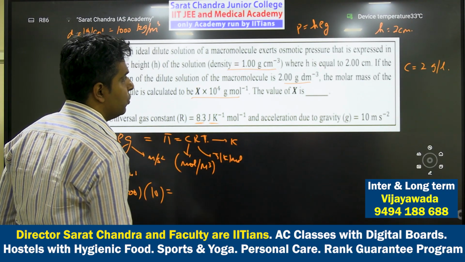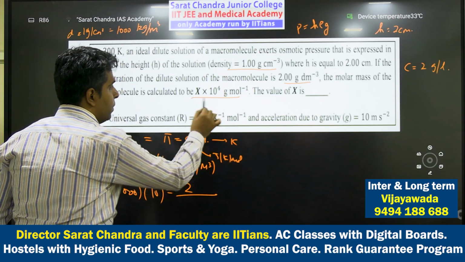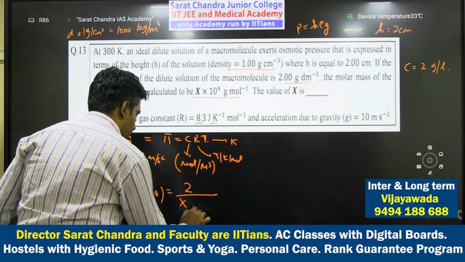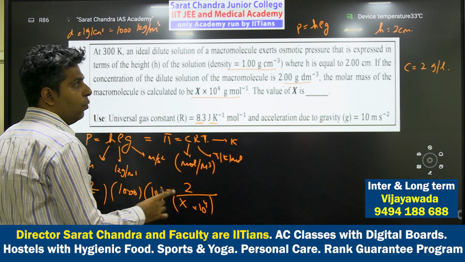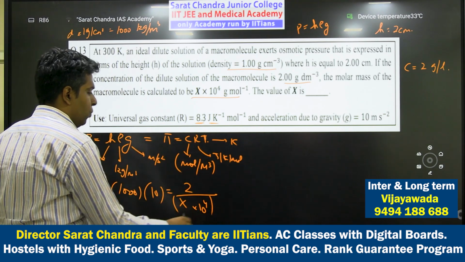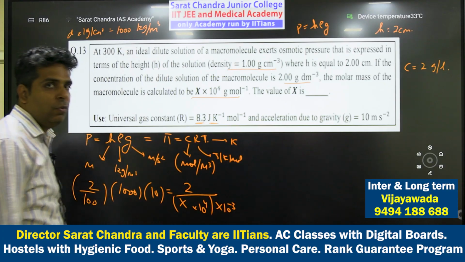Concentration is given in grams per liter. So 2 divided by the molecular weight, that is X into 10 to the power 4. This will be the moles per liter. We want it in moles per meter cube. So 1 liter is 10 to the power minus 3 meter cube.